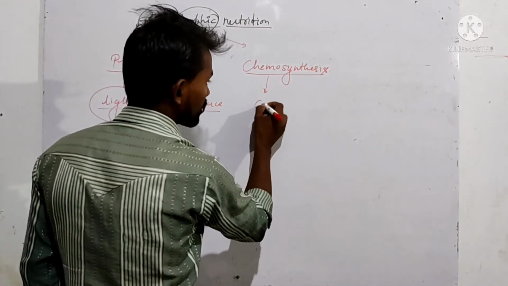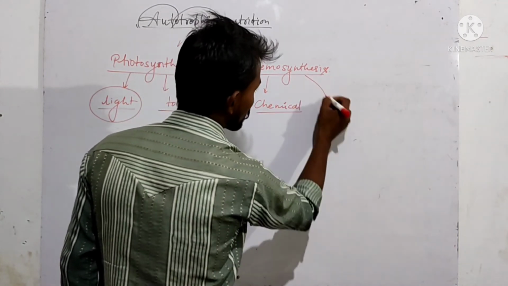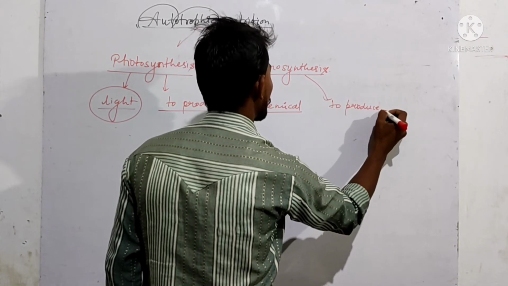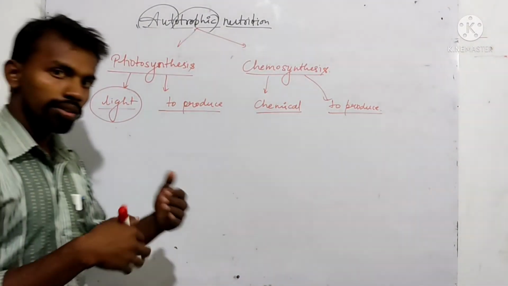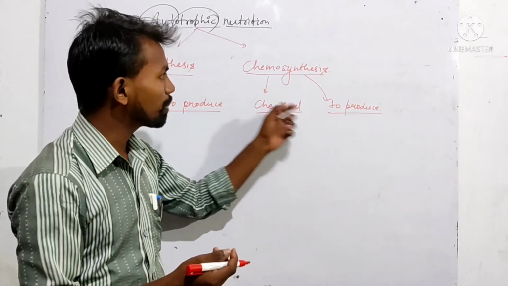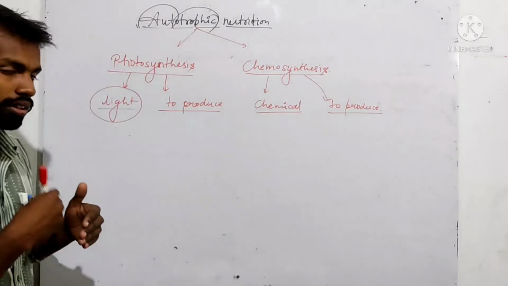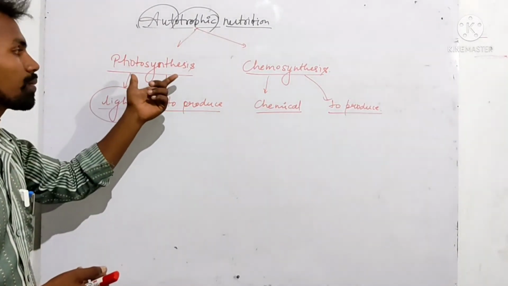Chemo means chemical and synthesis means to produce. When food is synthesized by chemicals, it is known as chemosynthesis, and when food is produced by light, it is known as photosynthesis.